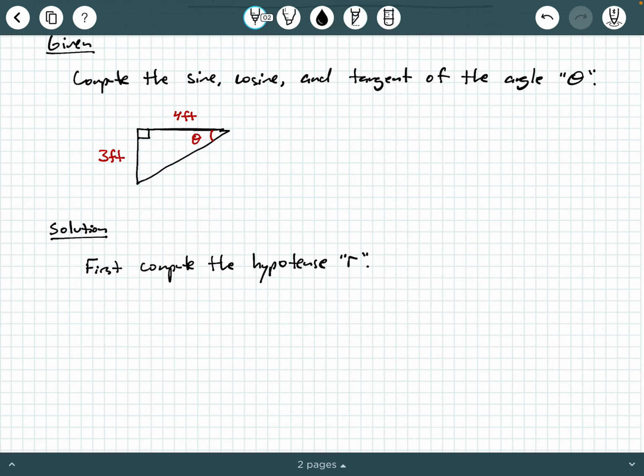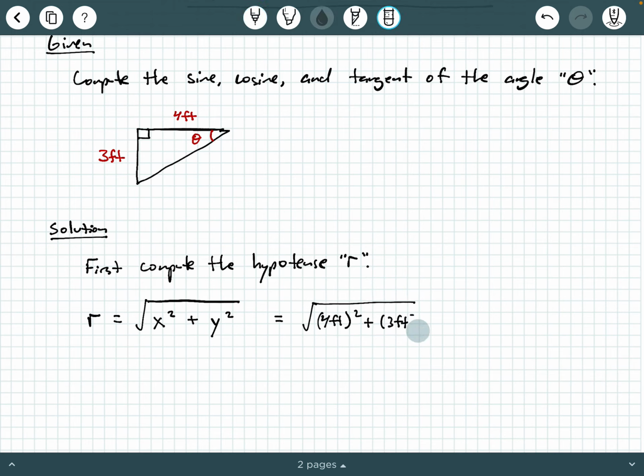So how do we do that? Well, of course, we use the Pythagorean theorem. So the Pythagorean theorem says the hypotenuse is equal to the square root of the horizontal length squared plus the vertical length squared. So punching this through, and maybe you don't need to punch this through, we are going to say that this is equal to the square root of 4 feet squared plus 3 feet squared.